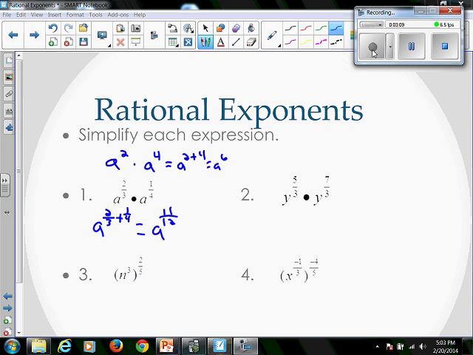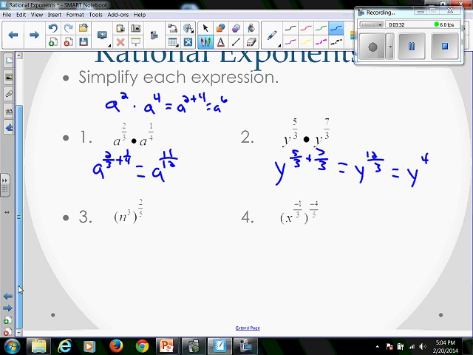All right, number 2. Looks similar, so we're going to add the exponents. When we add 5/3 plus 7/3, we get 12/3, which we can reduce to y to the 4th power. Now let's look at number 3. Does this look like anything that we've done before? Well, it looks like n cubed squared. What did we do with the exponents when we had this?